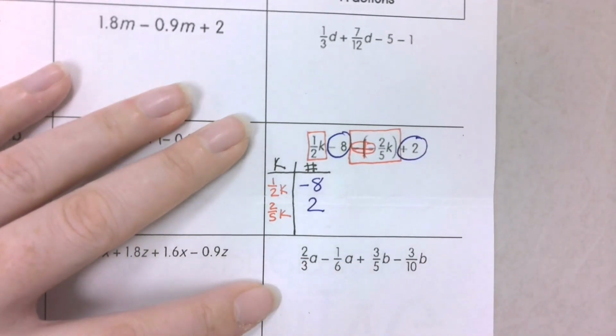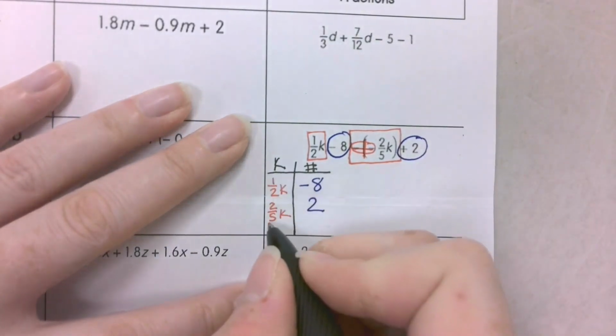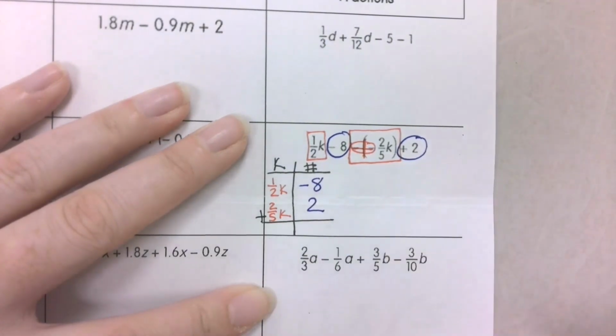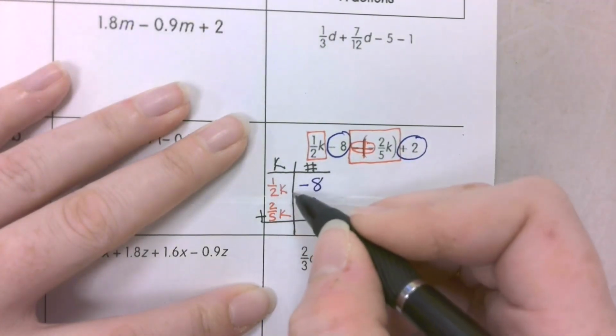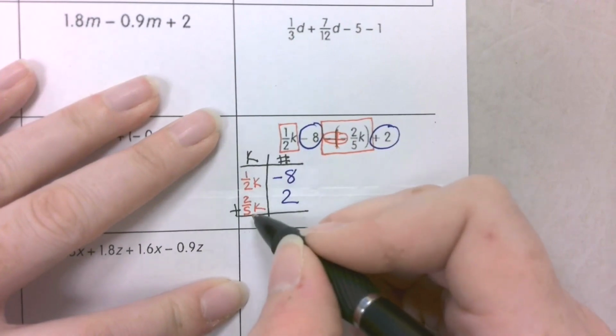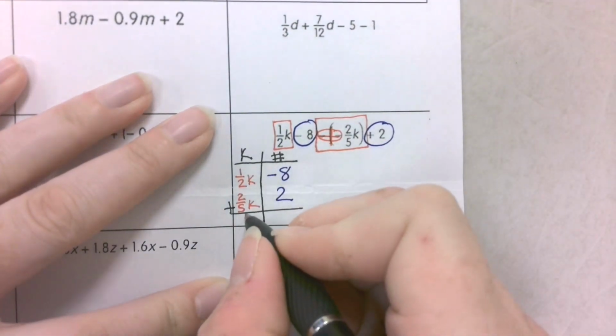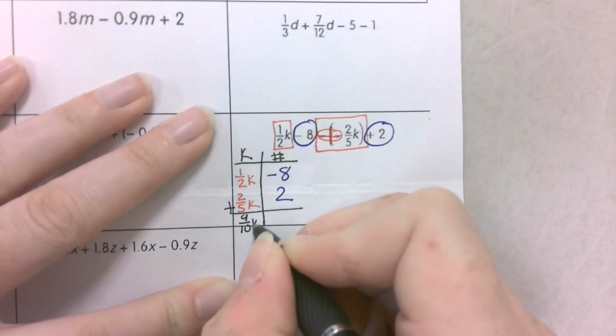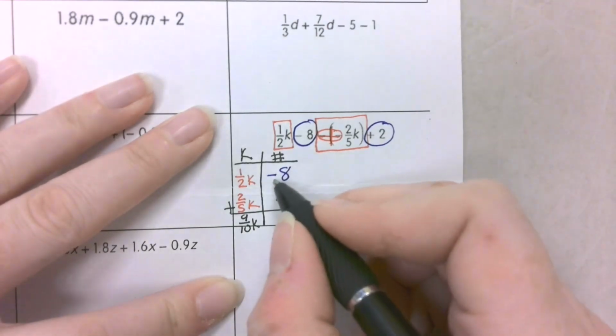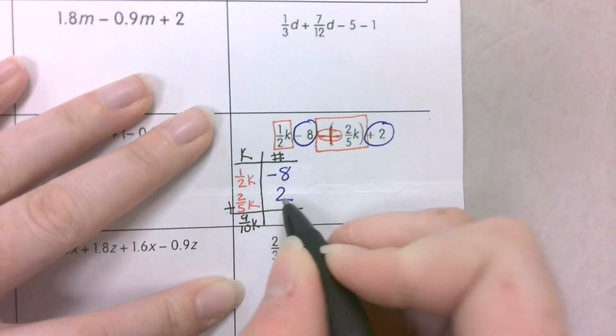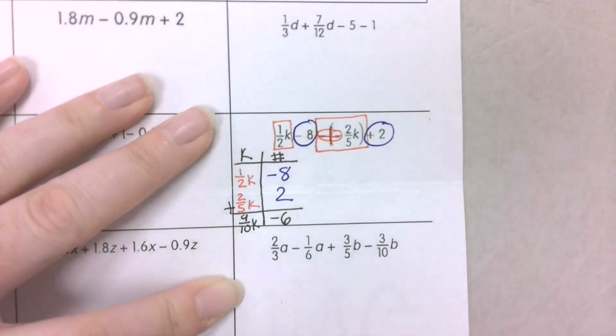Now that I have my like terms separated into our T-chart, we can now add down. 1/2 k plus 2/5 k gives us 9/10 k. -8 plus 2 gives us -6.